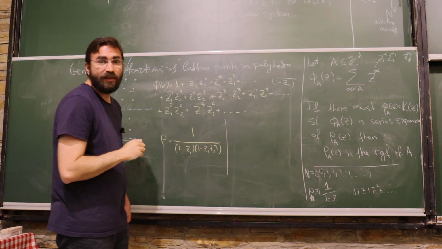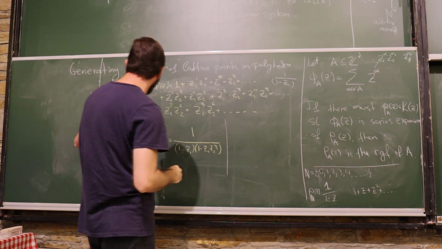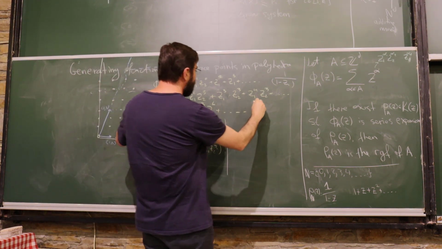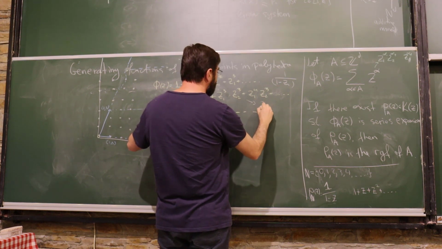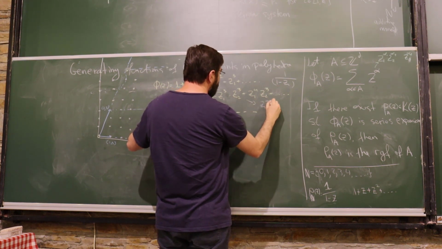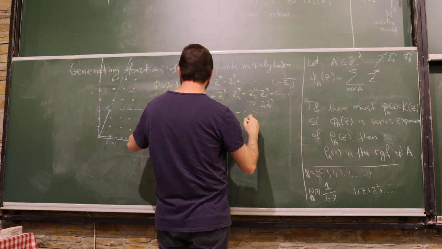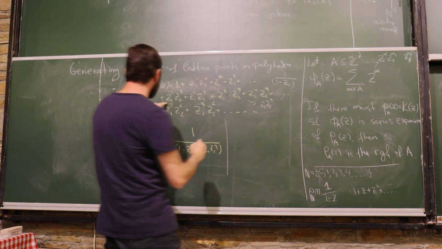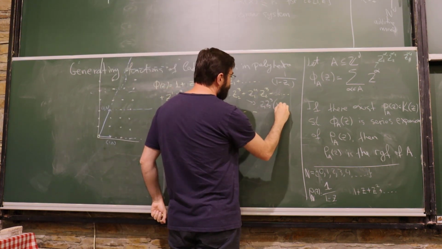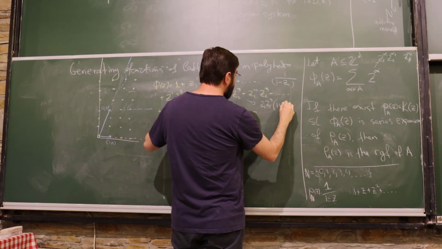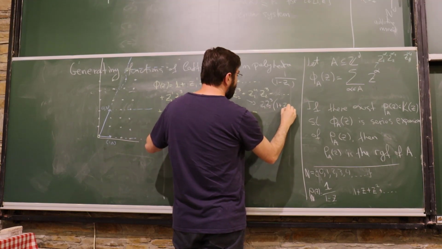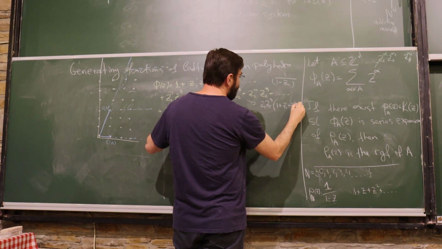In the second row, what we did, we can pull out a z1, z2 cubed. Is this wrong? No, it's not. And then what remains is 1 plus z1 plus z1 squared, etc.